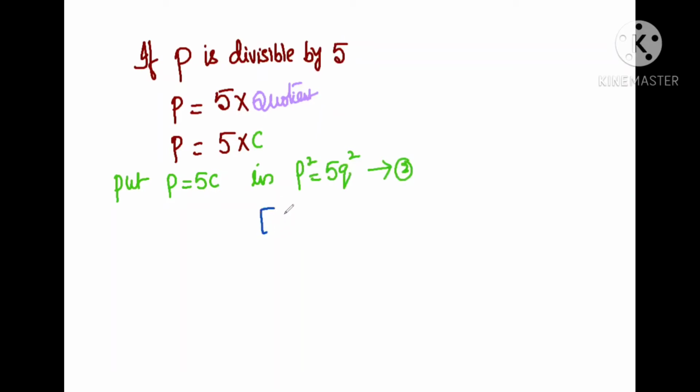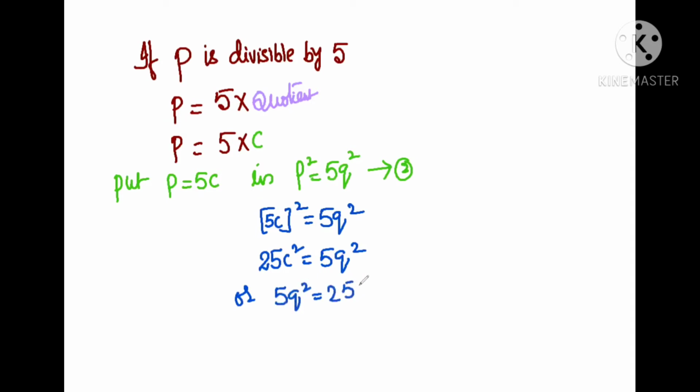Here in the place of p we substitute 5c, so 5c whole square is equal to 5q square. This is 25c square is equal to 5q square, or 5q square is equal to 25c square, q square is equal to 25c square by 5. 5 1 ja 5, 5 5 ja.